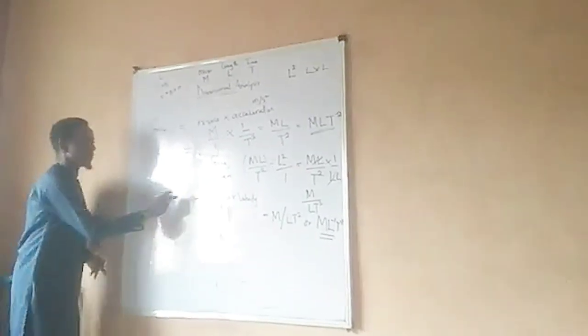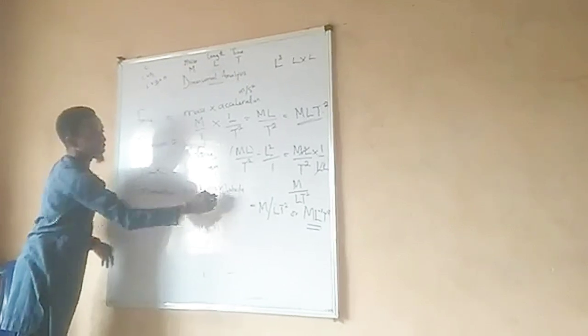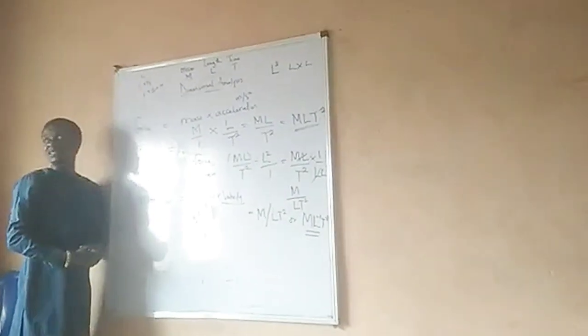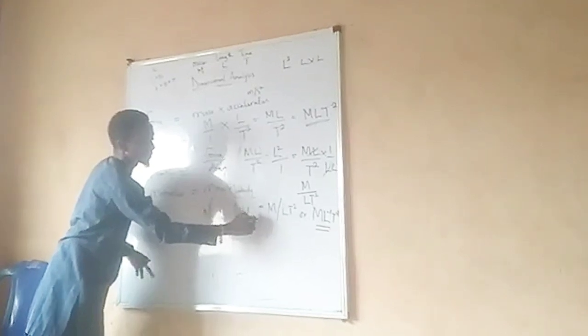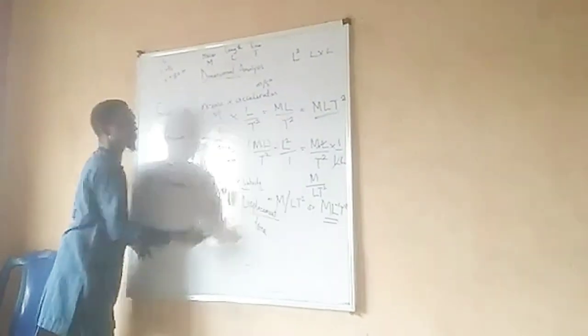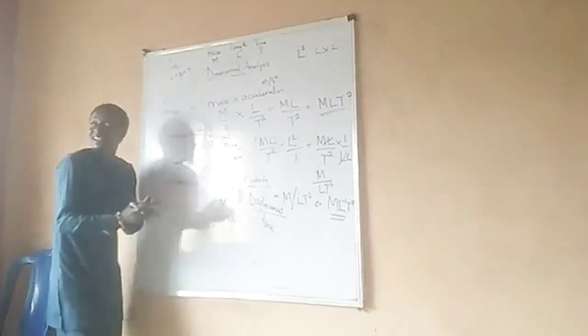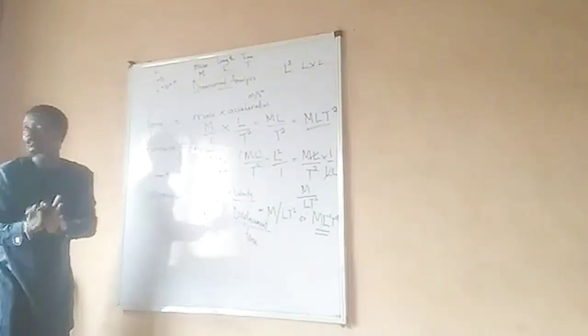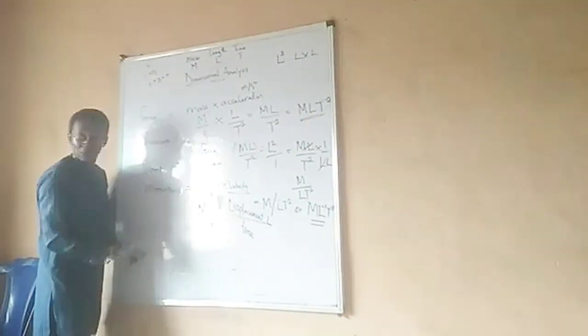So for mass, we already have M. The next thing we are going to break down is velocity. But we know that velocity is displacement over time. Displacement is also a matter of length. I told you displacement is distance in a specified direction. So my displacement is also a form of length because it's measured in meters.